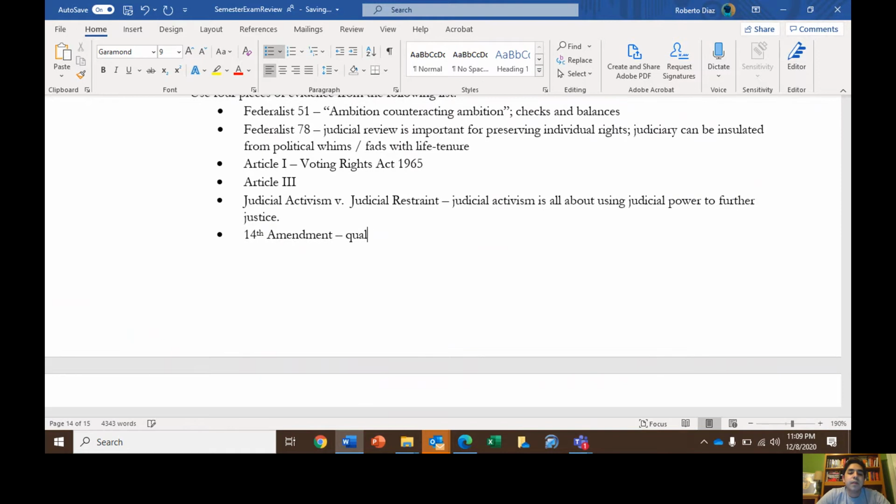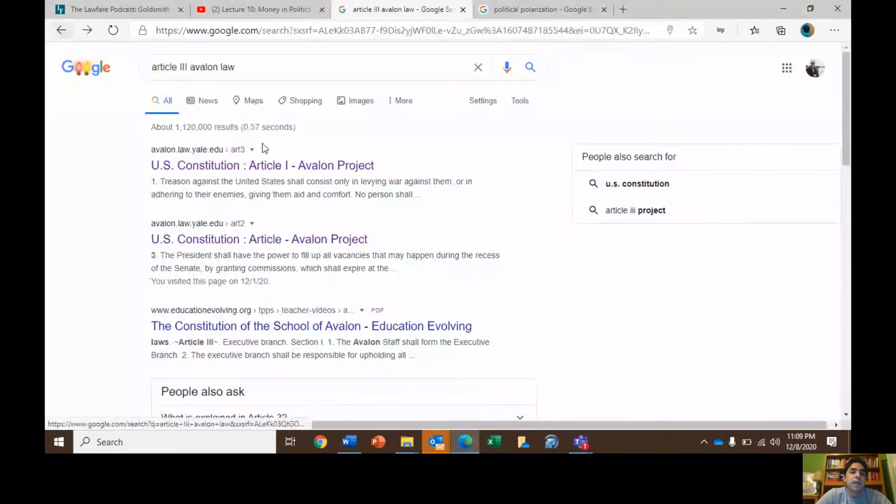The 14th Amendment, we've talked a lot about the 14th Amendment, specifically the Due Process Clause of the 14th Amendment and the Equal Protection Clause of the 14th Amendment.